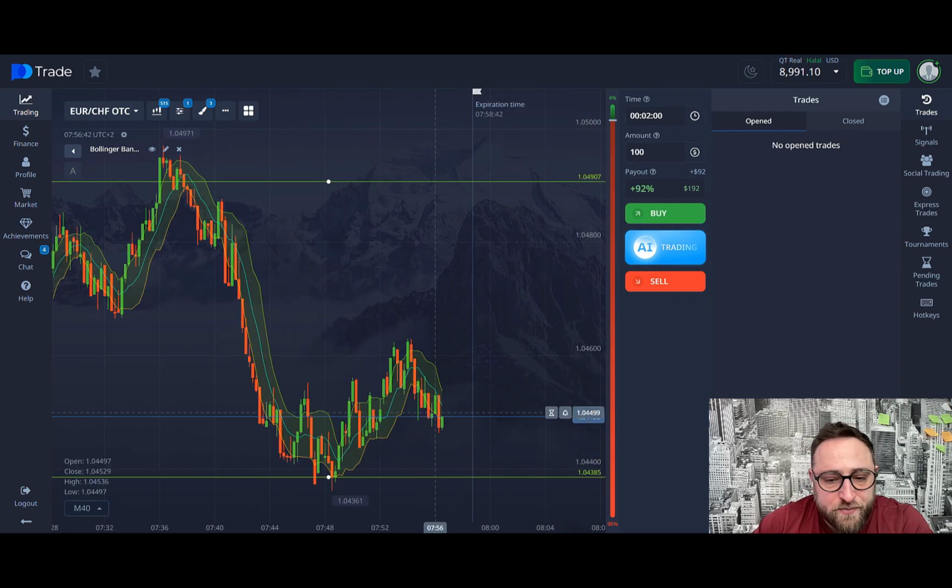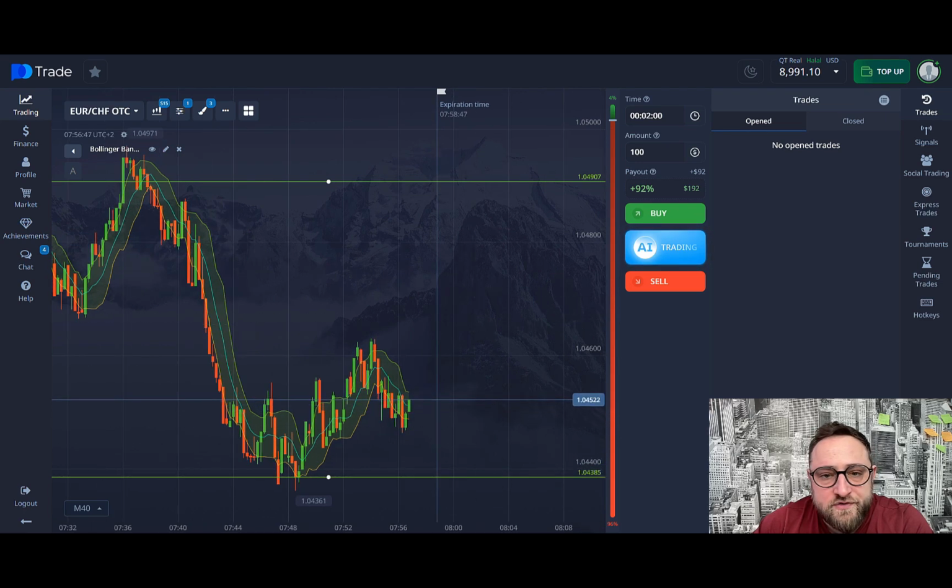Here I think the price will press again towards the support line. So no stress.